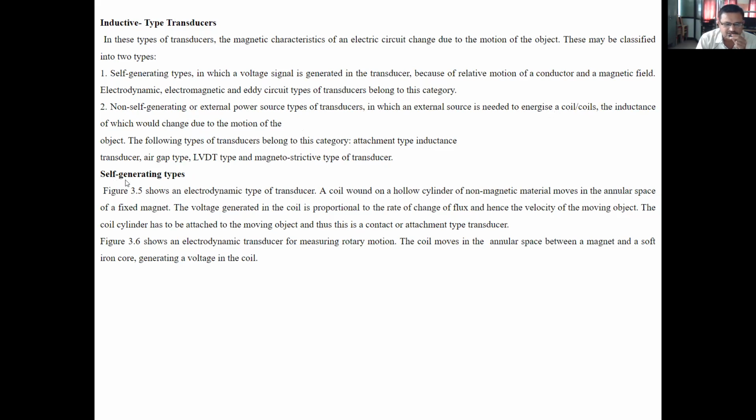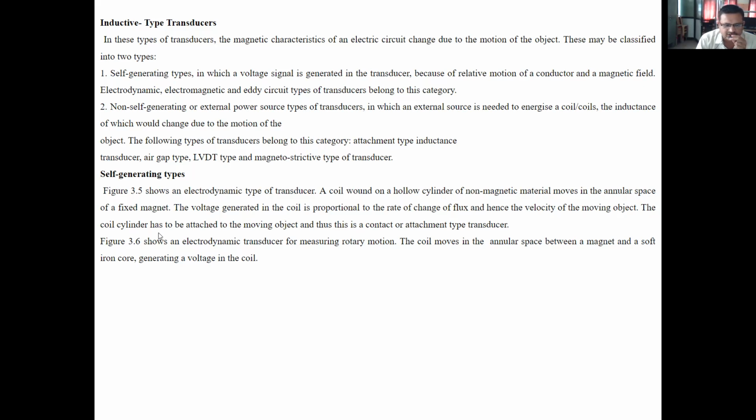First is self-generating type. Figure 3.5 shows an electrodynamic type of transducer. A coil wound on a hollow cylinder of non-magnetic material moves in the annular space of a fixed magnet. The voltage generated in the coil is proportional to the rate of change of flux and hence the velocity of the moving object.